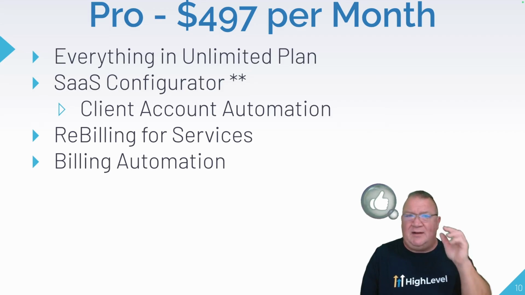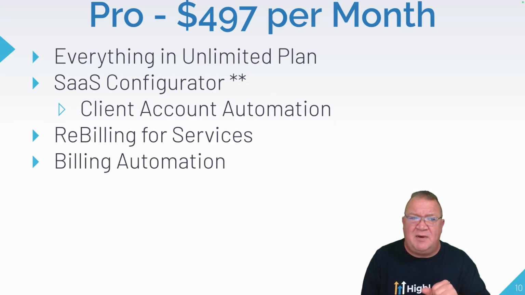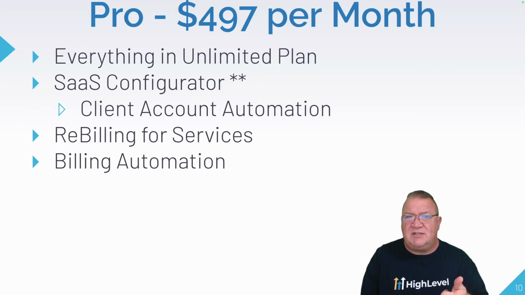Now, I haven't even hit the best part of the $497 plan yet. That's just a great plan that I always push people to. One of the other things you get on the $497 a month is rebilling services. Now, with the monthly plan that you pay every month, there are additional services that you get charged a small monthly fee for because it's sort of on a per usage basis. Meaning, if you have the phone system and you want to have a phone number, that phone number costs you like a buck or something like that every month, and a certain amount of inbound and outbound calls cost so much per minute.